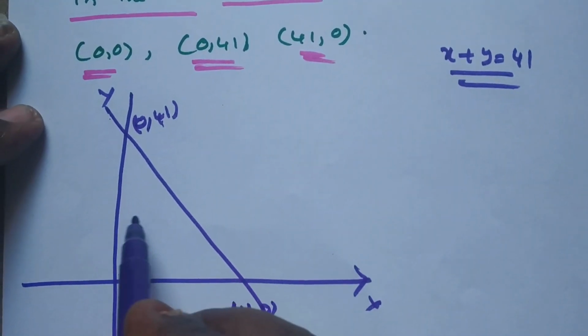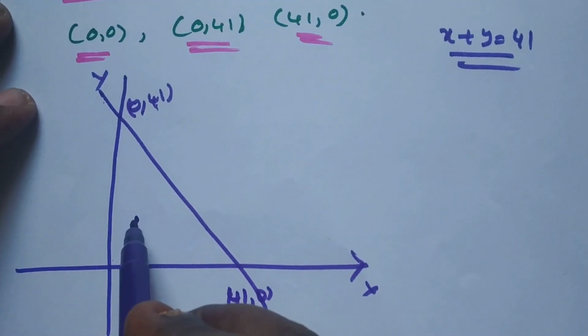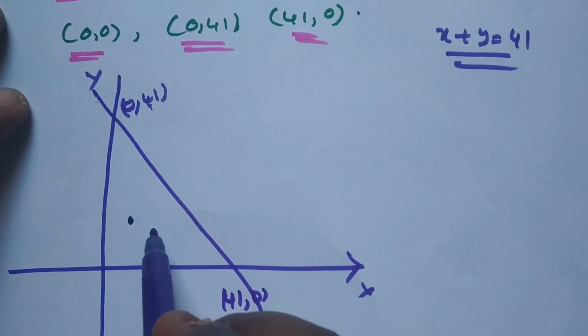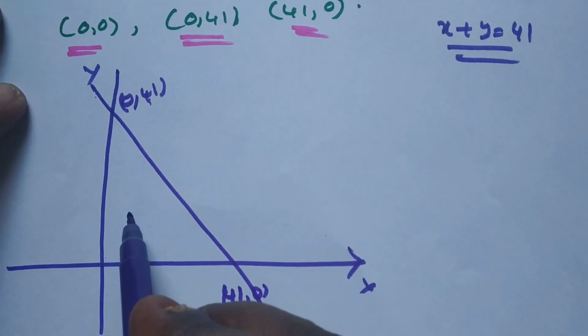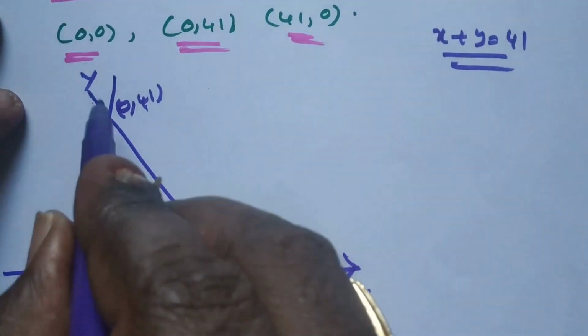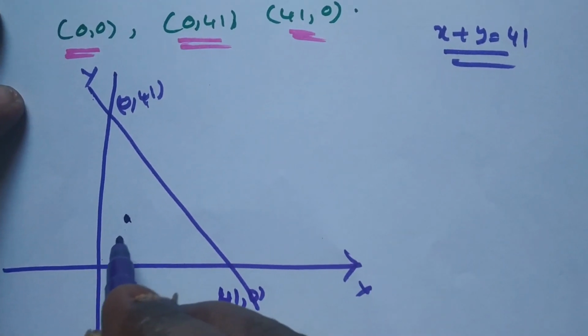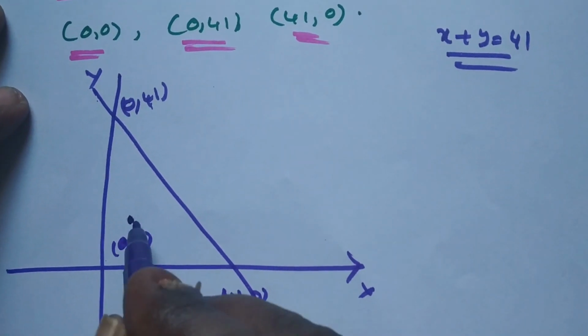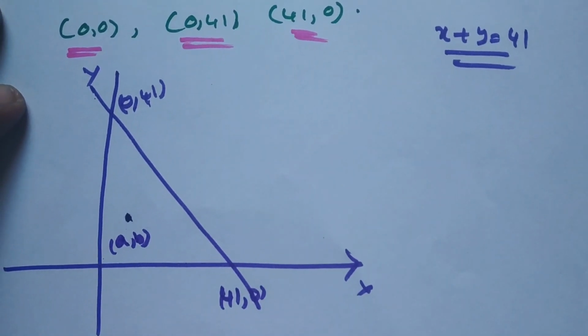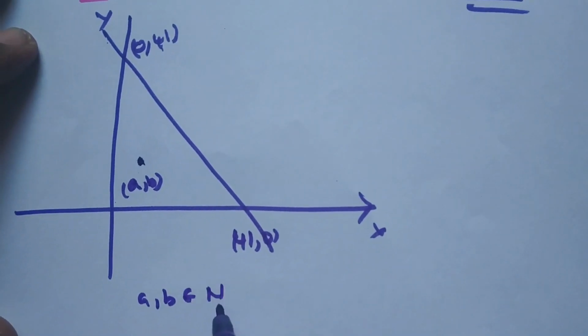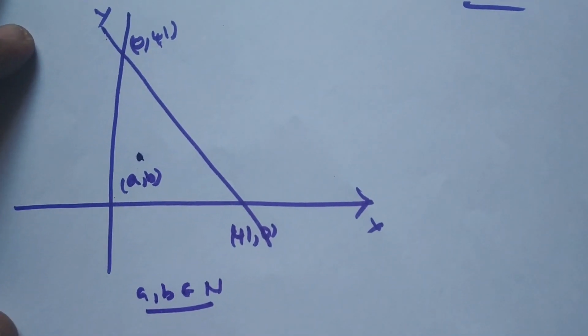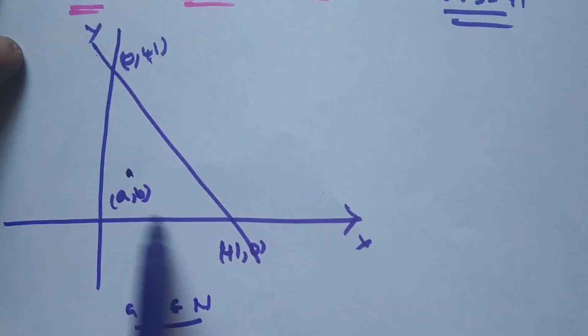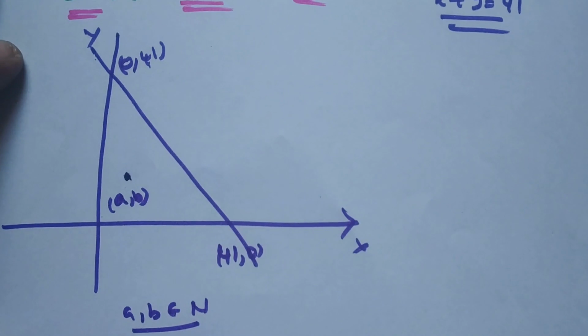Now we have to find the integral points, that means both x and y are integers. How many such points are inside this triangle? Suppose (a, b) is any point inside the triangle. Both a, b belong to the natural numbers: a is a positive integer, b is also a positive integer, because the triangle lies in the first quadrant.